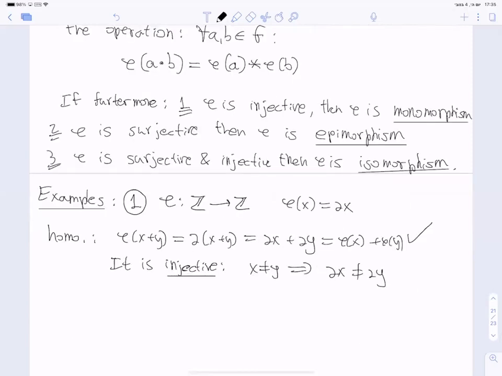Now, is it surjective? The answer is no, because you only cover the even numbers, not the odd ones. The image of phi is 2Z. So phi is a monomorphism.